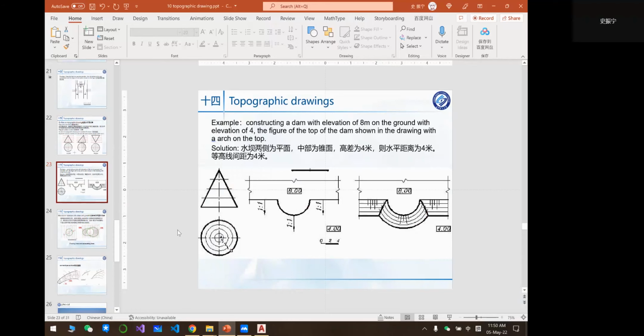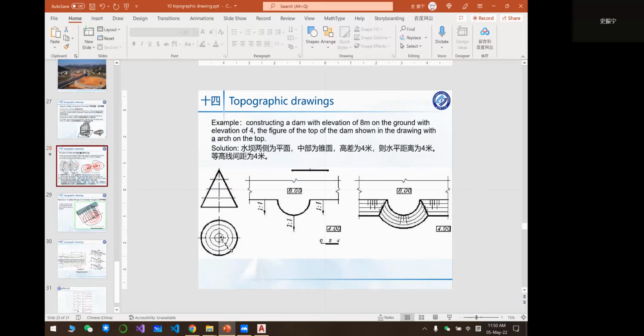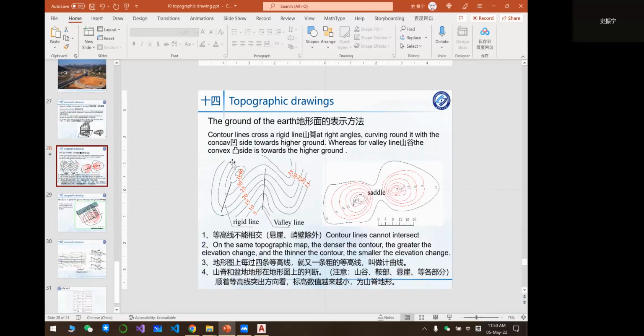I think that some of you do a good job. I have seen that you have done your homework very well, and we have learned how to read the contour map.